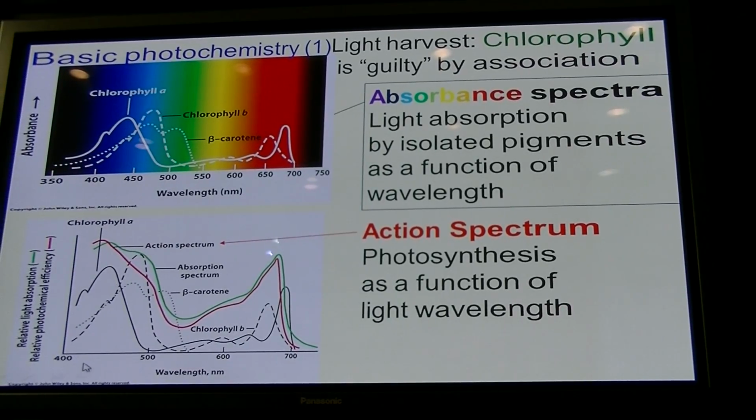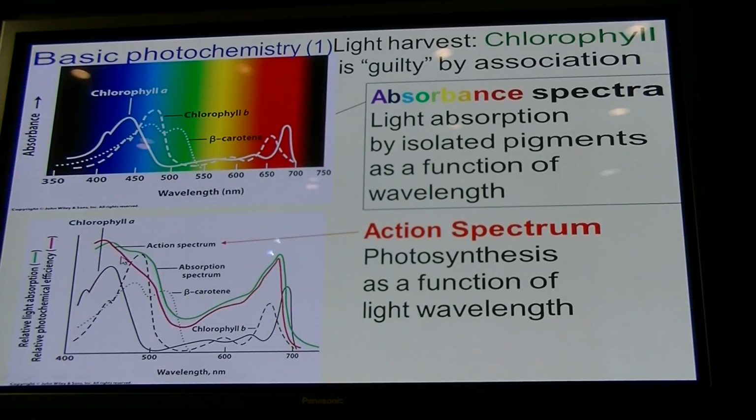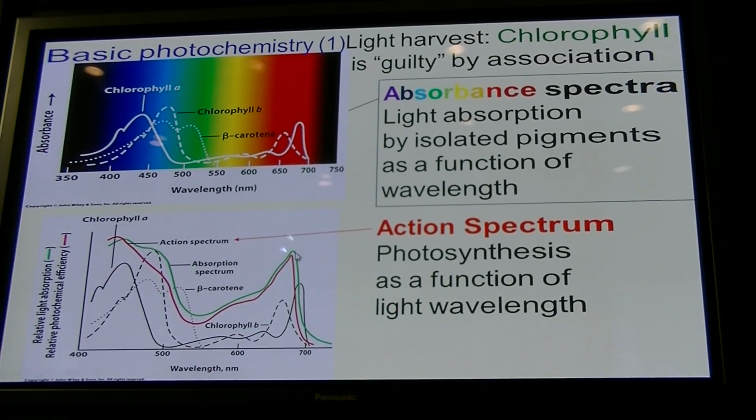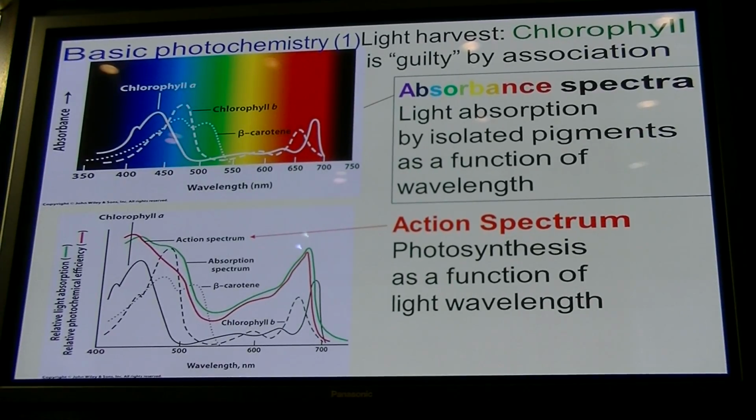So we're seeing that in the blue to early green, bluish wavelengths, so right here, we're seeing high activity. That's the action spectrum, our red line. And in the red wavelengths, we see high activity. So we see high activity in the red and the blue region, not so much in the green region. That's the activity of the intact leaf for fixing CO2.